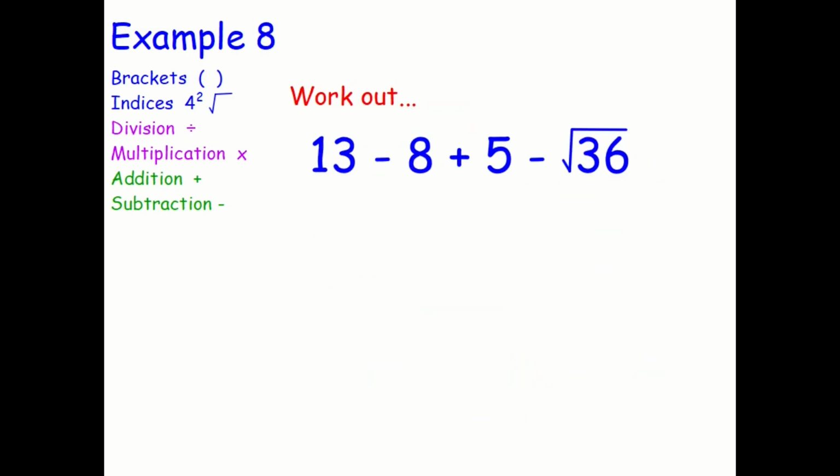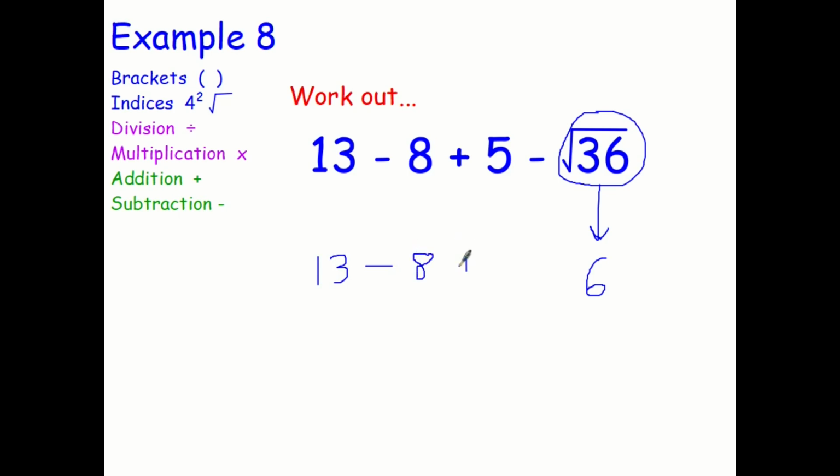Example 8. Work out 13 take away 8 plus 5, take away the square root of 36. Okay, do I have any brackets? No, but I have the square root of 36, which is classed as indices. So the square root of 36 is 6. Now I've just got a load of subtractions and additions. So remember they are equal priority, so what do we apply here? We just apply the rule that we are reading from left to right. It is that straightforward.